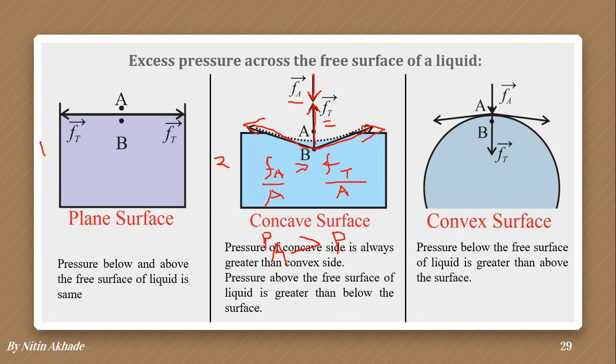The pressure due to surface tension has the smaller value, and the pressure by the atmosphere has the larger value as compared to the pressure due to the surface tension of the liquid.